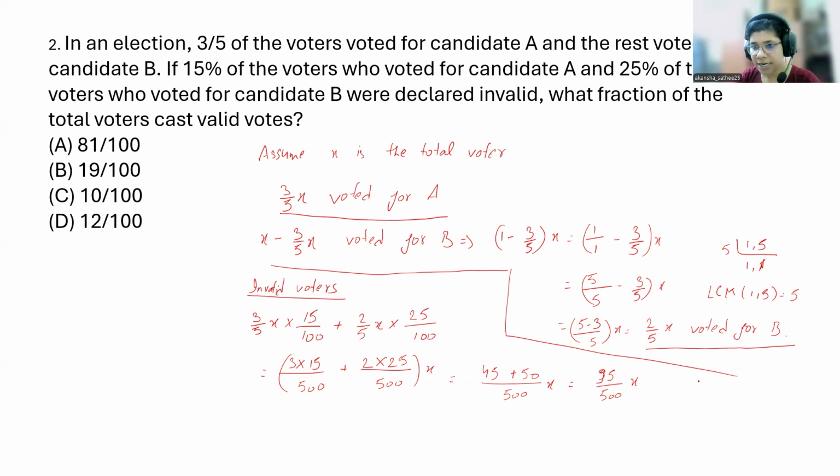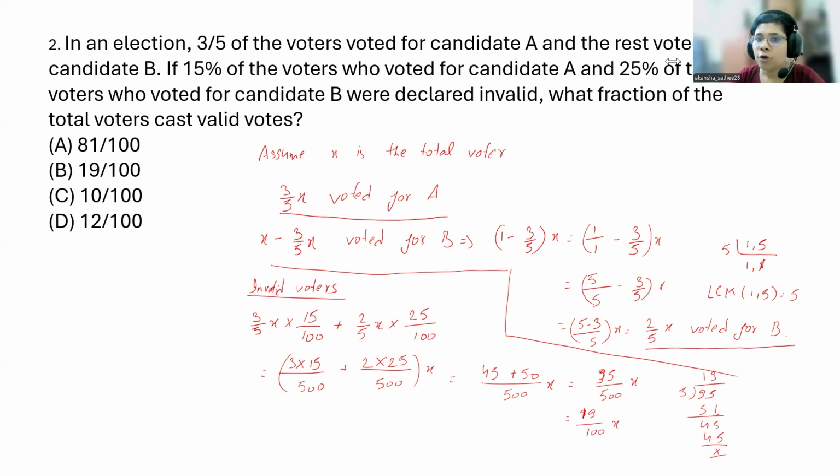If I divide 95 by 5, what will you get? You get 19. So it is 19 upon 100 X. These are the invalid voters.